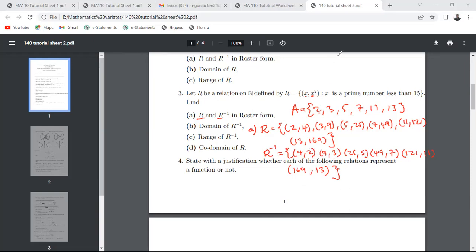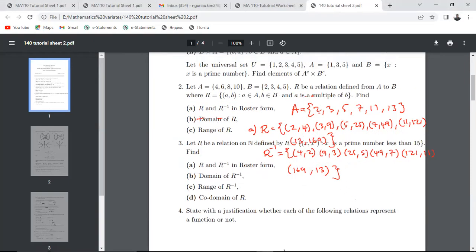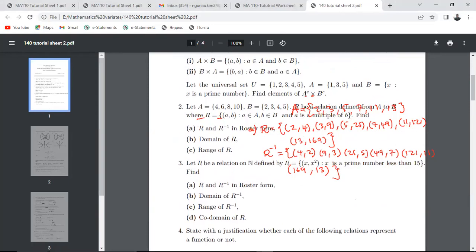Okay. Then the domain, of course, I already talked about how to get the domain, so now this time they want the domain of Hara inverse. So the domain of Hara inverse will just be the x coordinates from Hara inverse, which is 4, 9, 25, 49, 121, and 169.